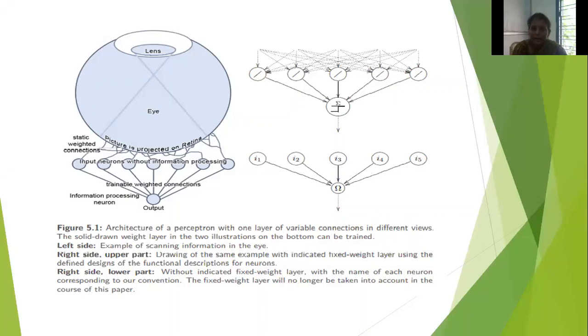Interaction of many different neurons will be processing the information with the trained weight connections. The information is processed from input neurons to the output neurons. So single layer. Here there are no hidden neurons.